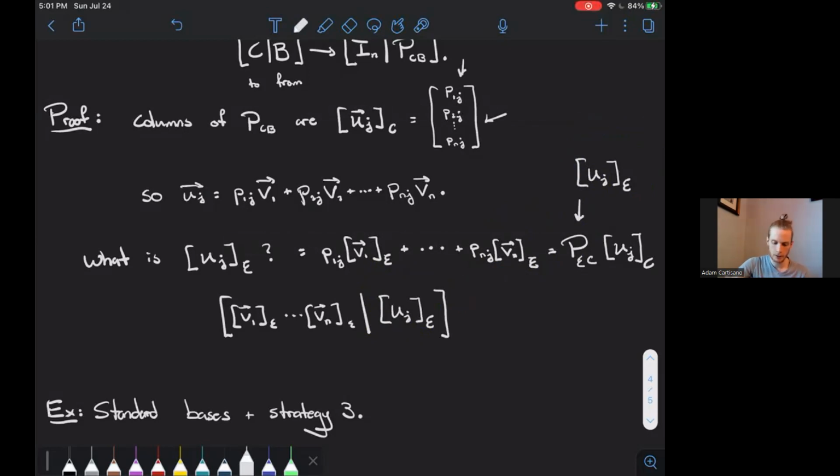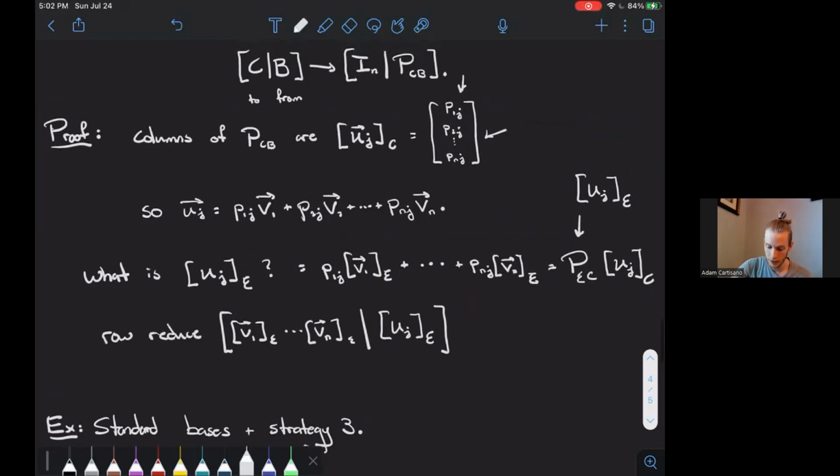If you row reduce that, what we'll end up with is a recipe for the coordinate vectors of B with respect to C. So let me just write that.